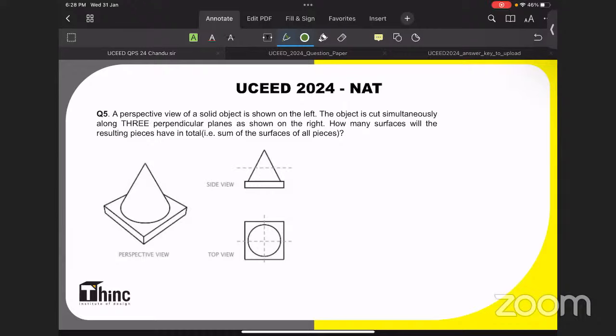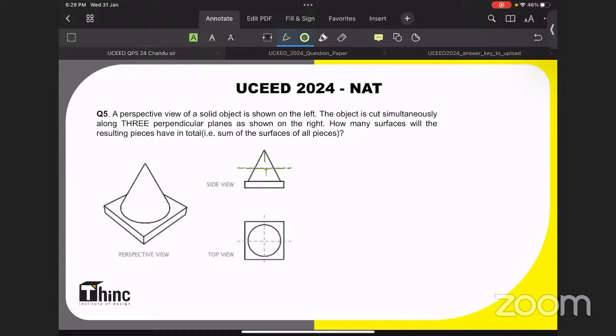So over here, I'm going to make a cut in the horizontal direction. Then the next step is making a cut like this.